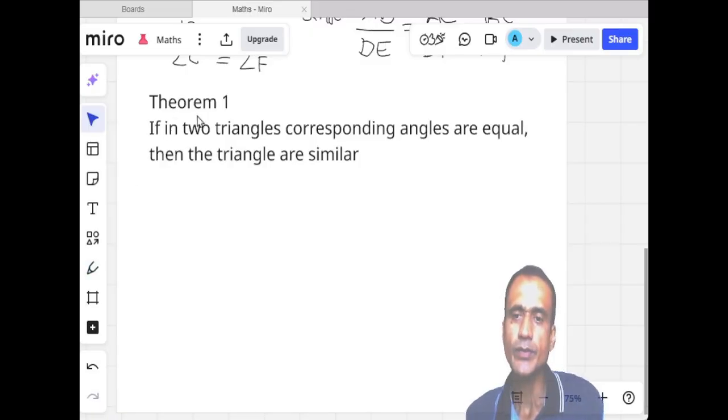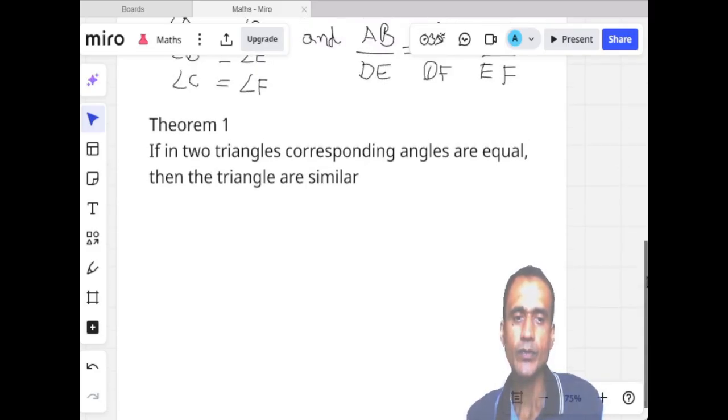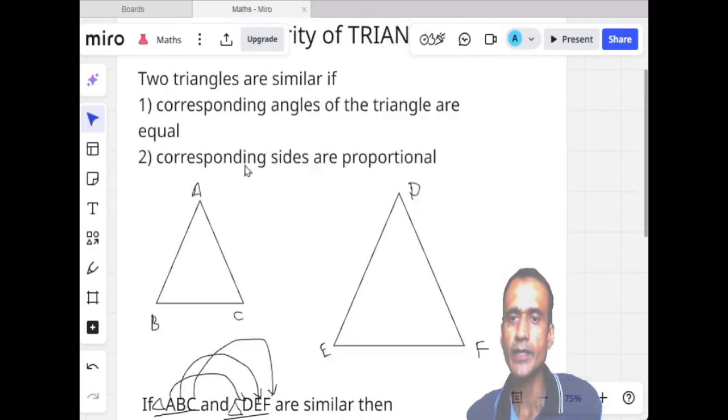The first theorem states that if in two triangles corresponding angles are equal, then the triangles are similar. So what it omits is the second property, that corresponding sides are proportional.